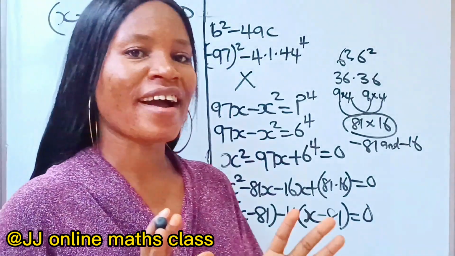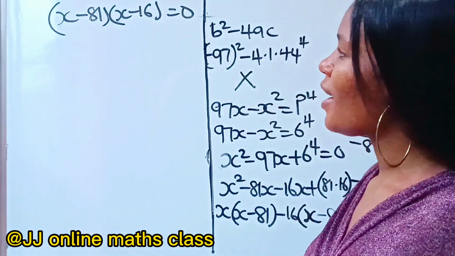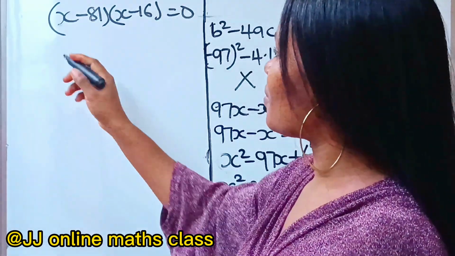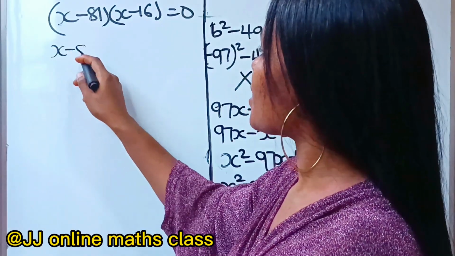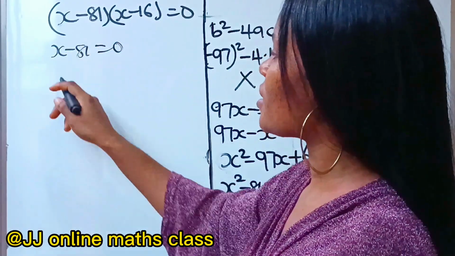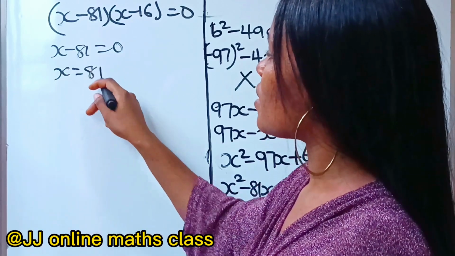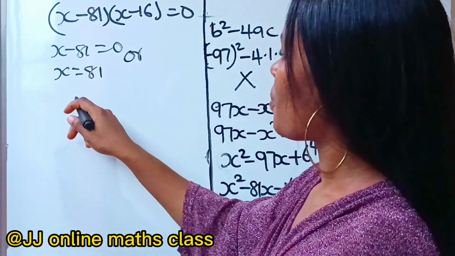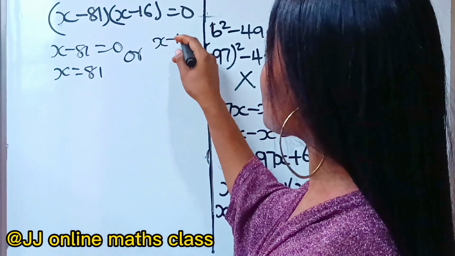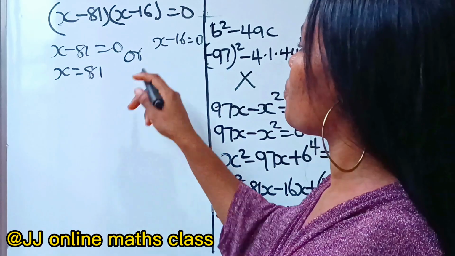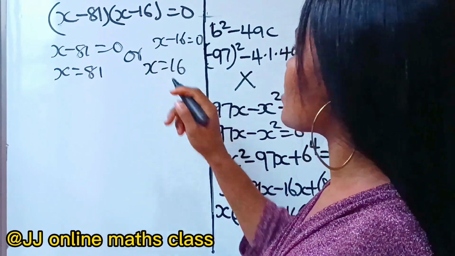Okay, we are getting to the solution already. Now let's solve. That means we can say x minus 81 is equal to 0, right? That means our x is equal to 81. Or that x minus 16 is equal to 0. That means our x is equal to 16.